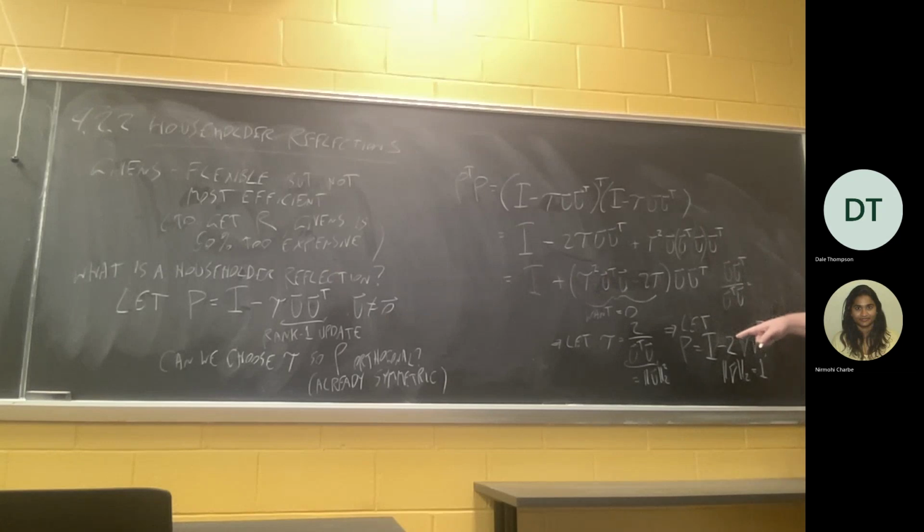Because the denominator is norm squared, that's the same as U over its norm times U over its norm again transpose. So we just call that V.